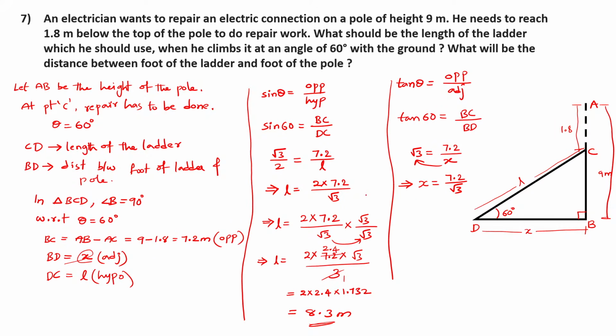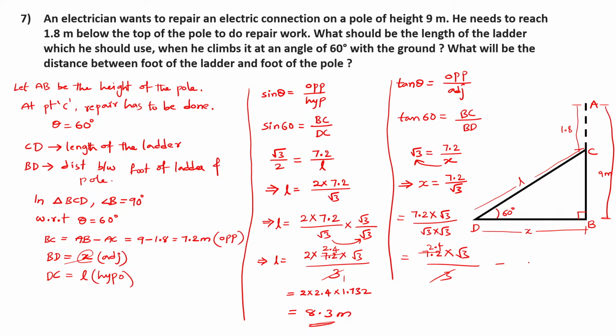Again, rationalizing the denominator, we get 7.2 into root 3 by root 3 into root 3. So we get 7.2 into root 3 by 3. The 3 table goes near 2.4.